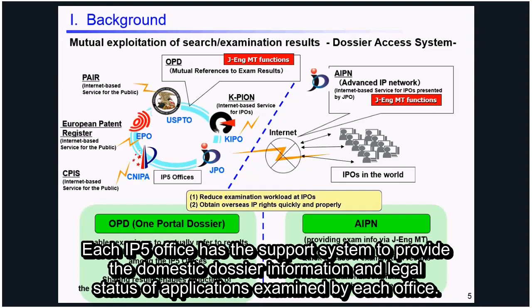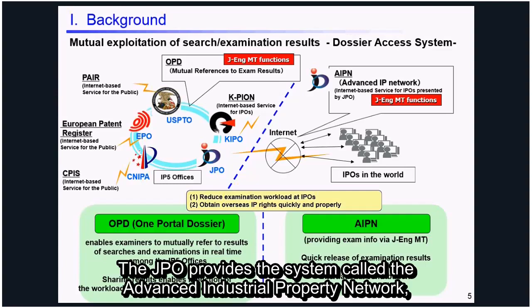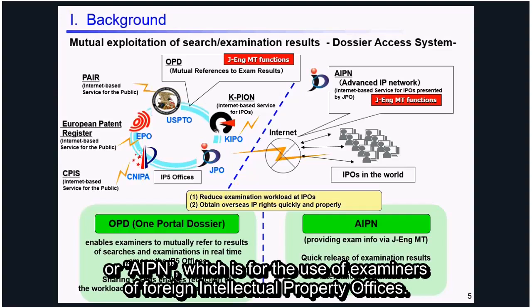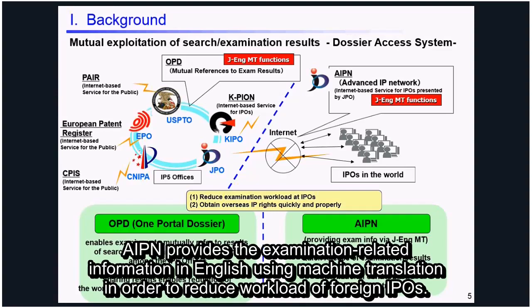Each IP5 office has the support system to provide the domestic dossier information and the legal status of applications examined by each office. The JPO provides a system called the Advanced Industrial Property Network, or AIPN, which is for the use of examiners of foreign intellectual property offices.